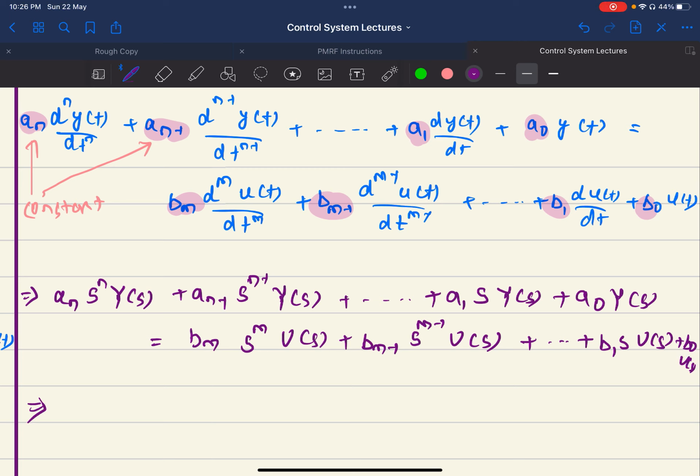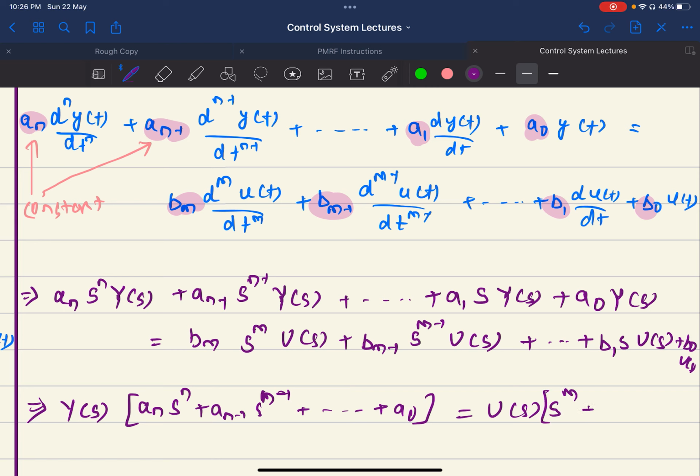Okay, so ultimately if I take out Y of s common on the left hand side and U of s on the right hand side, I'll get Y of s whole into a_n s to the power n plus a_(n-1) s to the power n minus 1, up to a0, is equal to U of s into b_m s to the power m plus b_(m-1) s to the power m minus 1, up to b0.